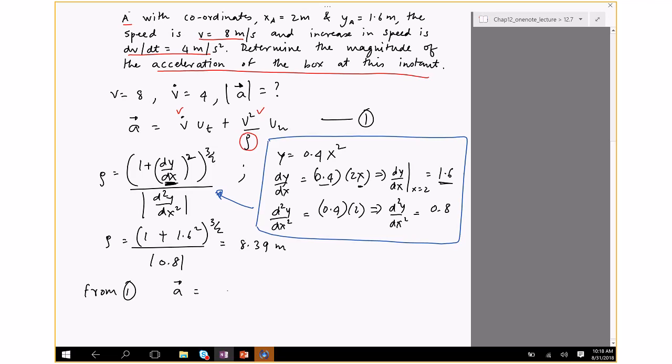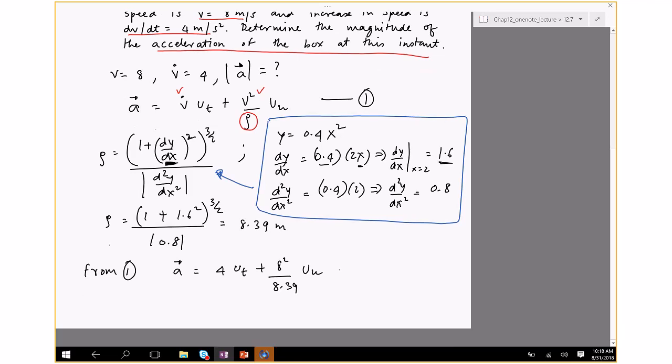Vector A is v dot, which is 4 ut, plus v squared, so 8 squared, divided by rho, which is 8.39, un. That's 4 ut plus 7.63 un.